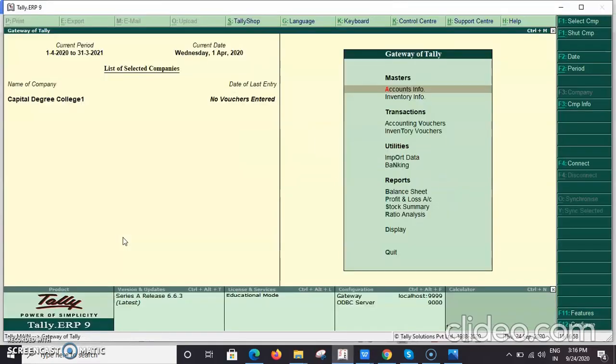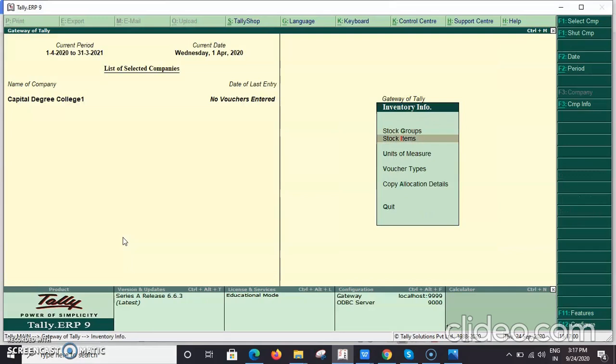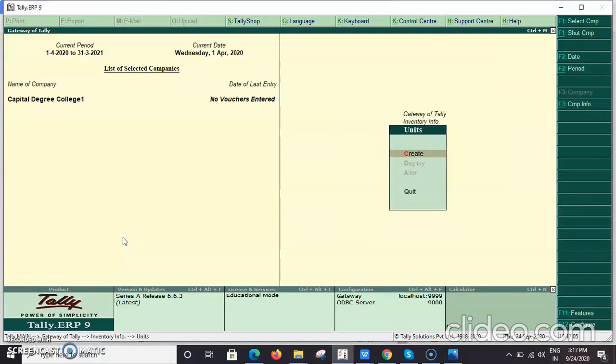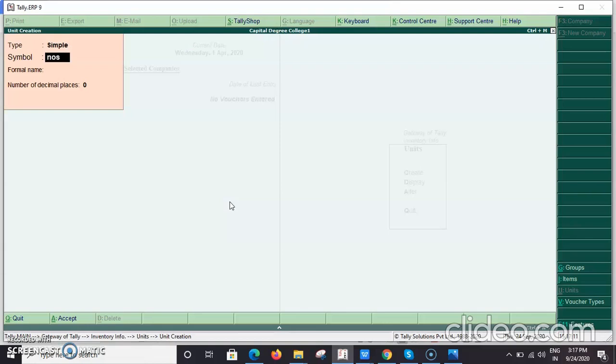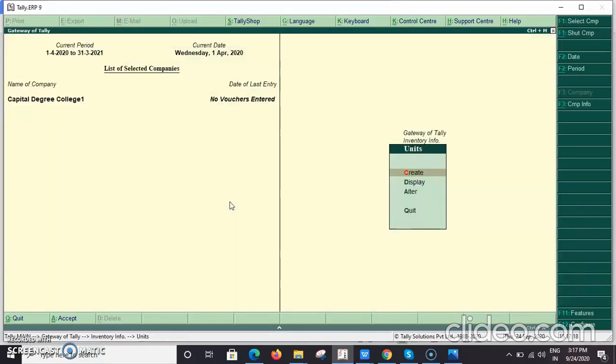How to create: gateway of Tally, inventory info. For the stock item, first I have to create the unit of measure. These are either numbers or pieces. I am taking numbers first, or you can take pieces, no problem. So now I have created the unit of measure.